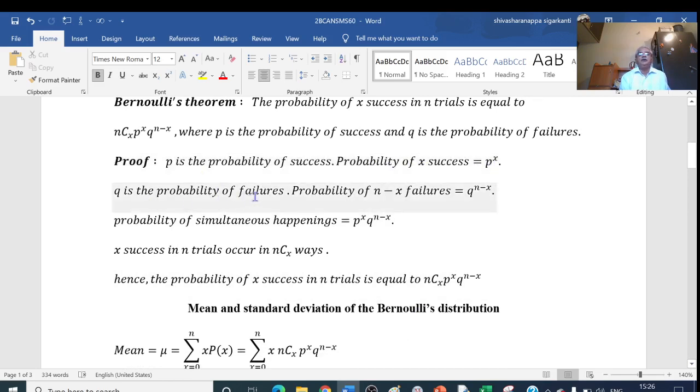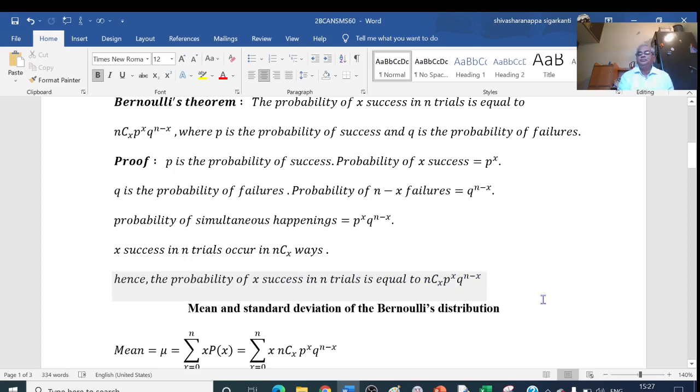And q is the probability of failure, so the probability of n minus x failures is q to the power of n minus x. The probability of simultaneous happenings is p raised to x into q to the power of n minus x. And x successes in n trials occur in total nCx ways. Therefore, the probability of x successes in n trials is equal to nCx into p to the power of x into q to the power of n minus x.